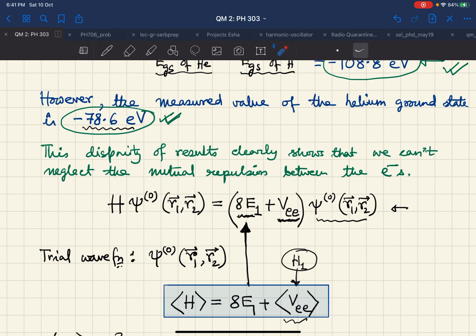So what we did in this particular case is that we wanted to calculate the expectation value of the Hamiltonian. If we calculate the expectation value of this Hamiltonian in this state, what we will obtain is 8 times E1, which is just a constant, plus the expectation value of VEE, which has to be calculated in the state psi 0 (R1, R2).